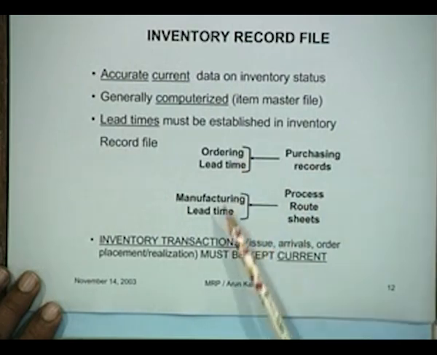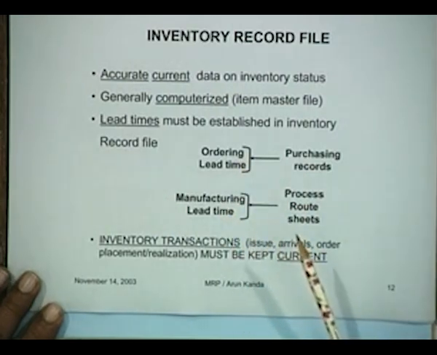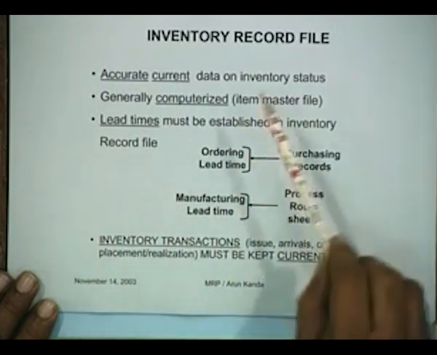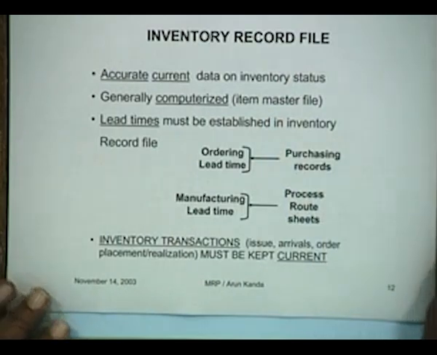So you should have this information on lead times corresponding to each item in the inventory, because when you are placing orders, you must know how much time it's going to take. And then of course the inventory transactions, which means the issue of material, the arrival of material, the order placement, the realization, must be kept current. So these are the basic requirements of the inventory record file.